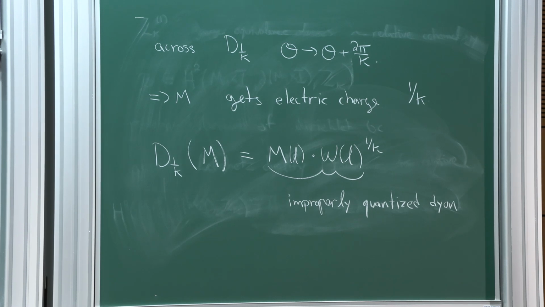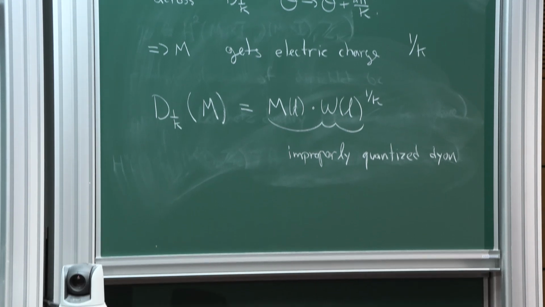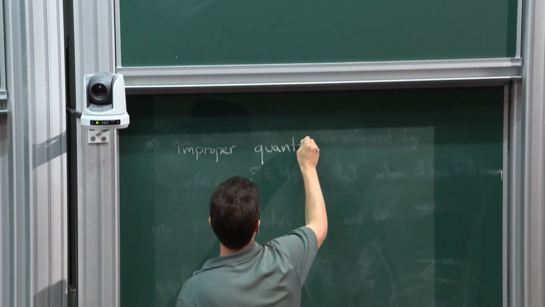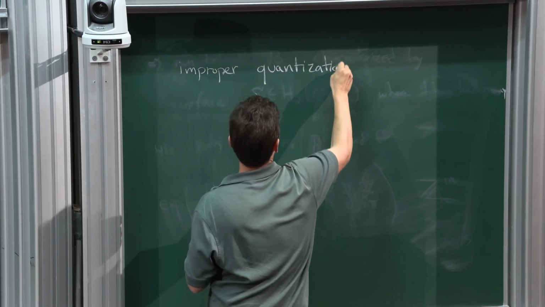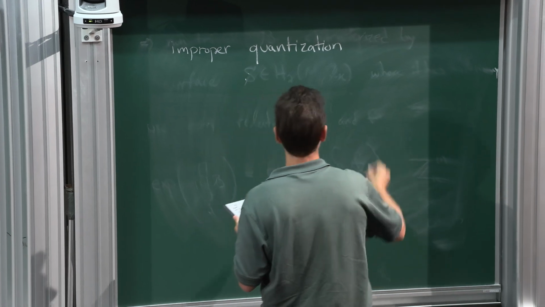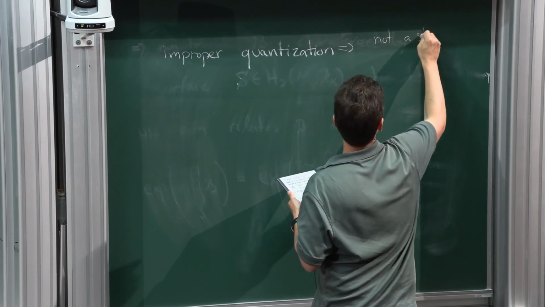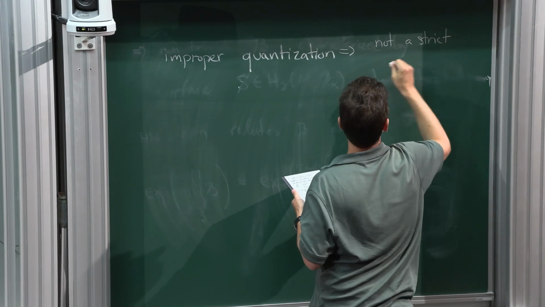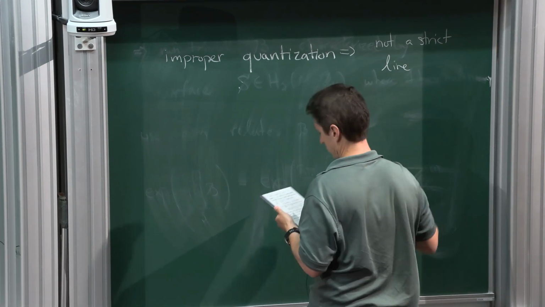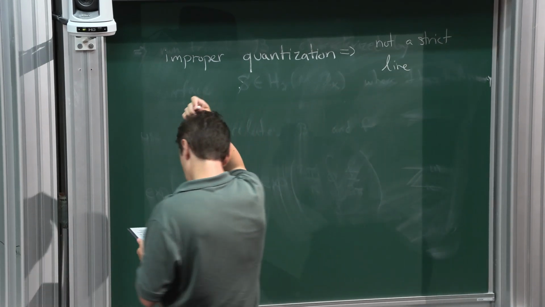So this improper quantization implies that it's not a strict line. What do I mean?